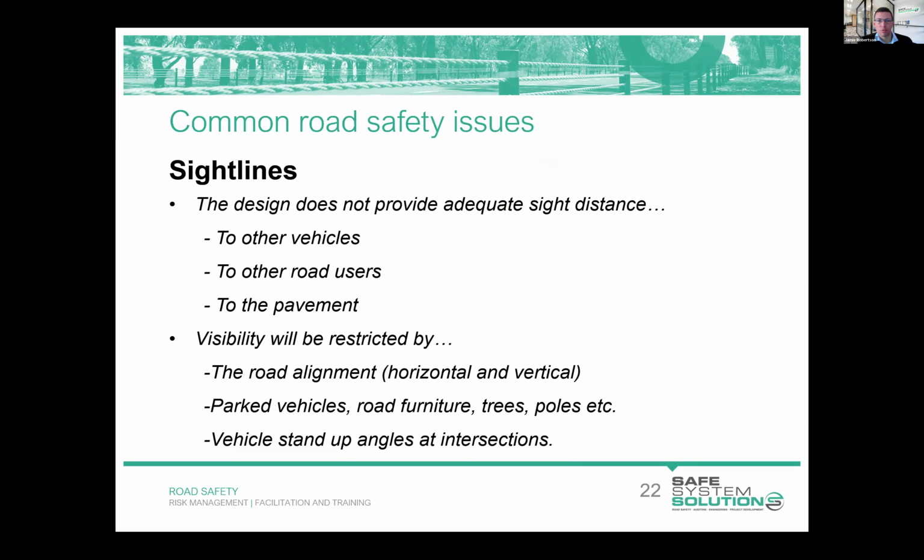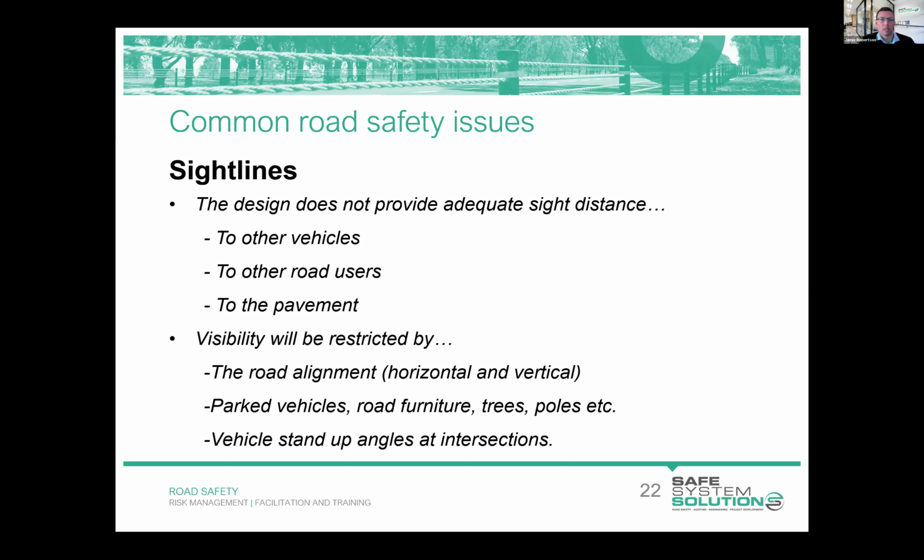Other common issues relate to sight lines. Now, there are a lot of different sight distance requirements described in Austroads, and I won't go into them all in detail, but in a nutshell, sight distance is intended to provide enough distance and time for the various road users to perceive the situations that they're faced with and to react accordingly.